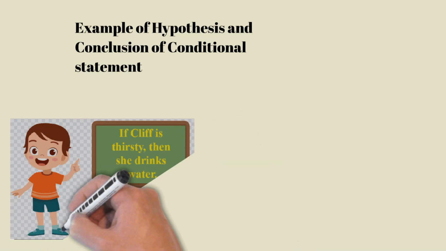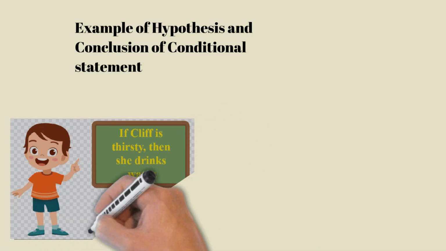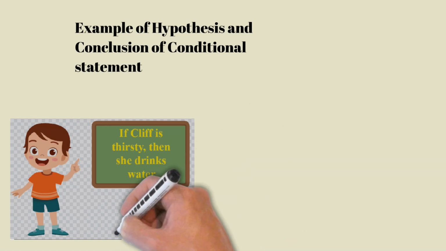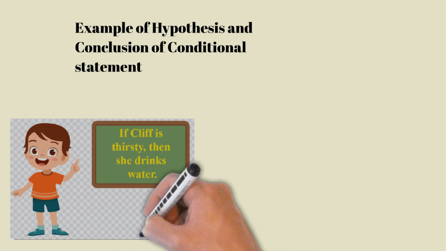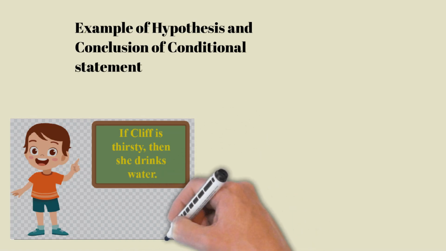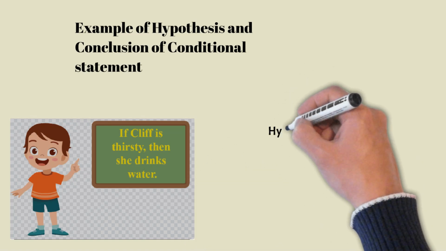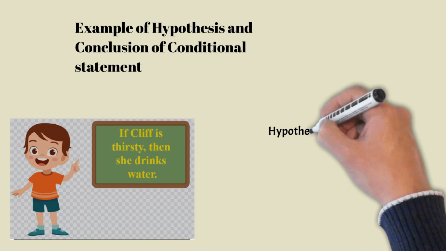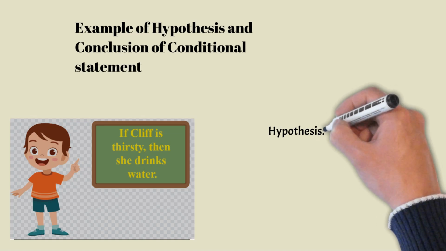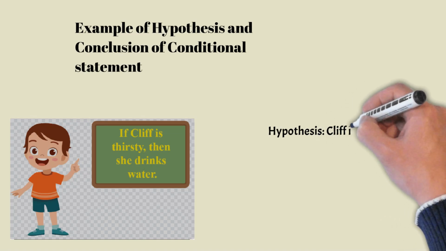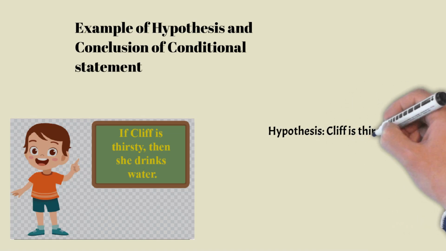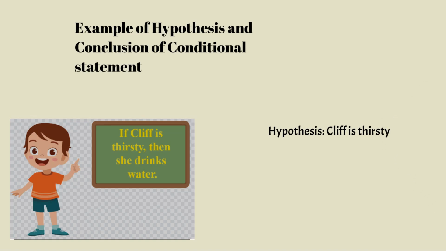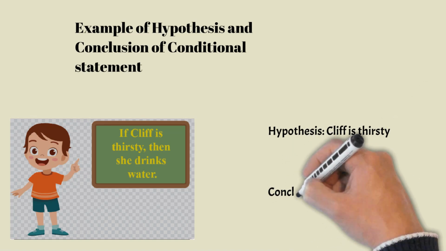So in this case, we have, if Cliff is thirsty, then she drinks water. The hypothesis is Cliff is thirsty, and the conclusion is she drinks water. So we have to be very clear on that. If P, then Q. P is the hypothesis, and Q is the conclusion.